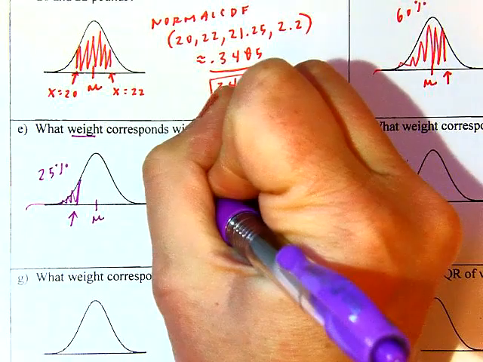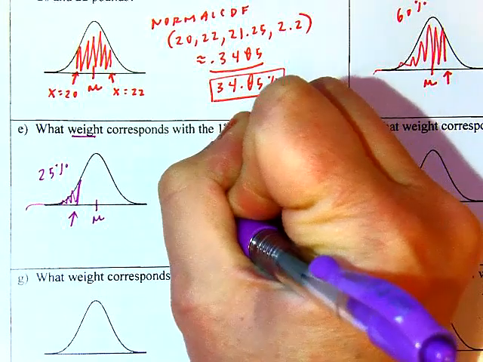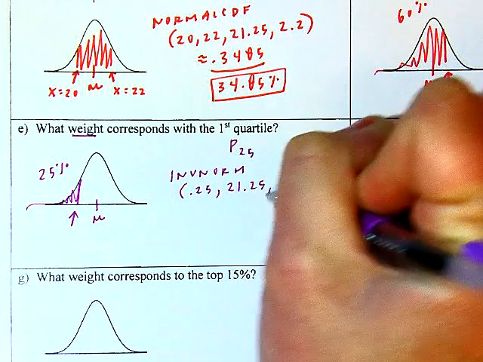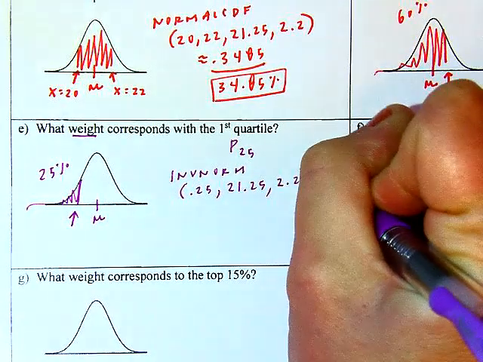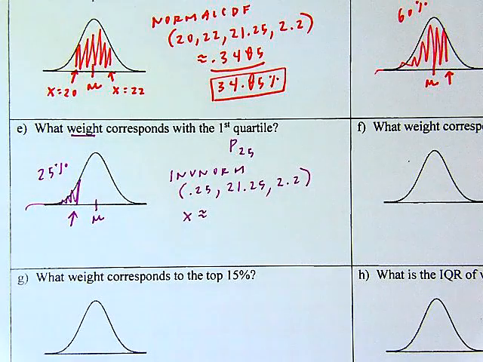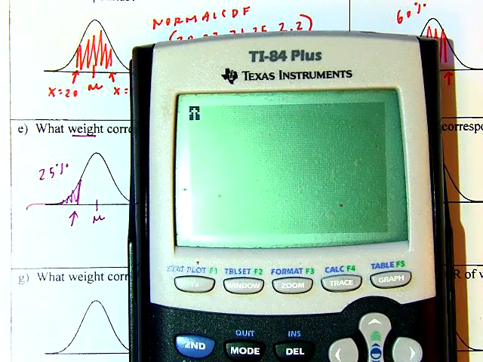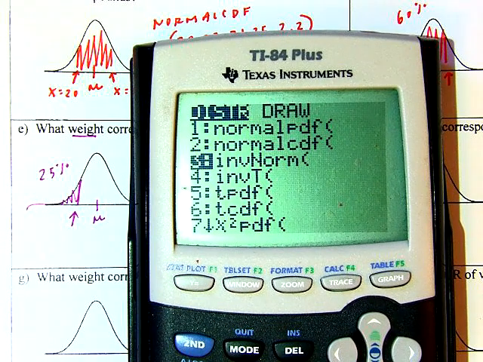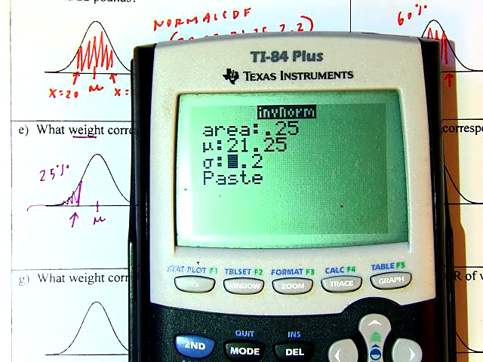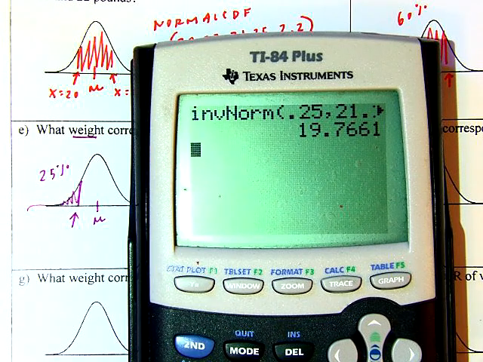So here I'm saying inverse norm, 0.25, 21.25 is the mean, 2.2 is the standard deviation. Okay, and it's going to pump out the weight that corresponds with that first quartile. All right, so back to my distributions, inverse norm. I'm saying 0.25. My area and mean are already set. Enter. I get 19.7661 pounds.